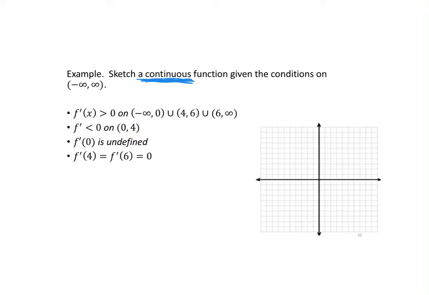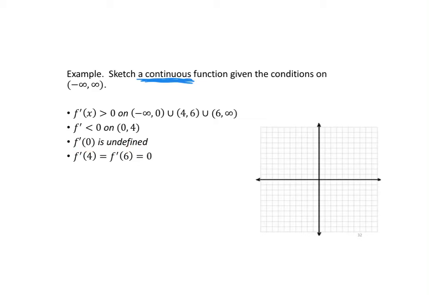So think back to the image on the previous page. F prime being less than 0 meant that the tangent lines all had negative slopes. And then in the first bullet point, f prime greater than 0 means the slopes of the tangent lines are all positive. F prime of 0 is undefined.